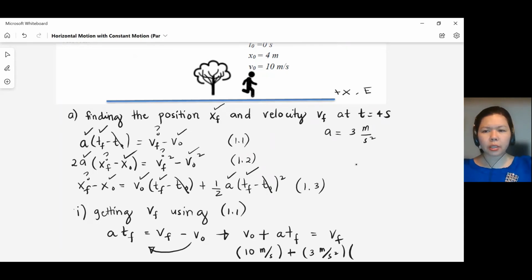And T final here, we have 4 seconds. This is our V final. So this is 10 meters per second plus 3 times 4. That's 12 second over second squared. We are left with meter per second.